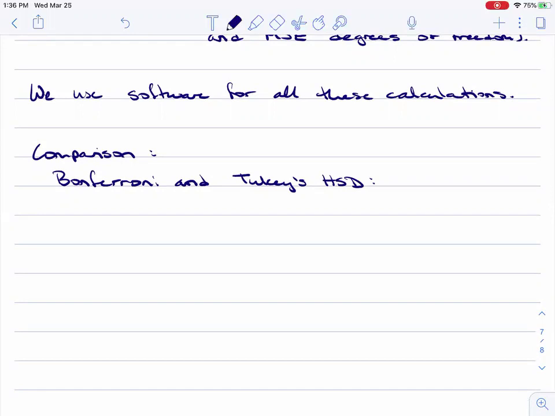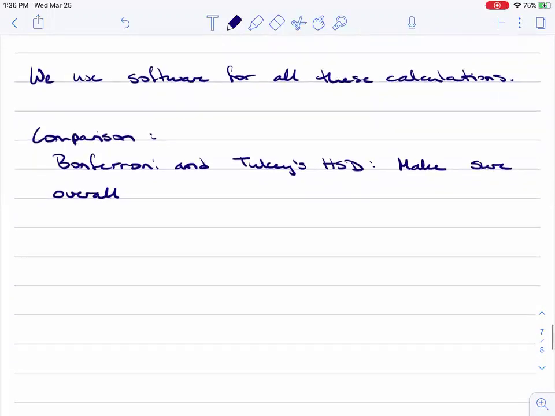So they're more concerned with rejecting H0 when we shouldn't have. That's bad, right? So it depends on the situation you're working on. But what these guys focus on is to make sure that the overall type 1 error rate is low.